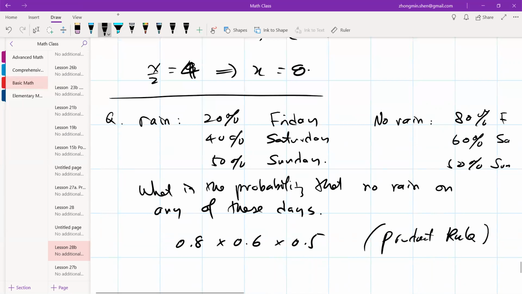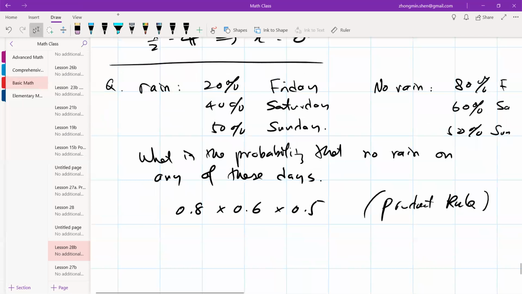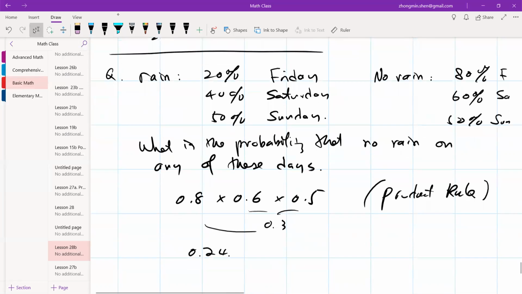Okay, so you multiply this out, and the multiplication is probably easy. This is 0.3, right? And then this will be 0.24. I think the probability, you do the opposite way.